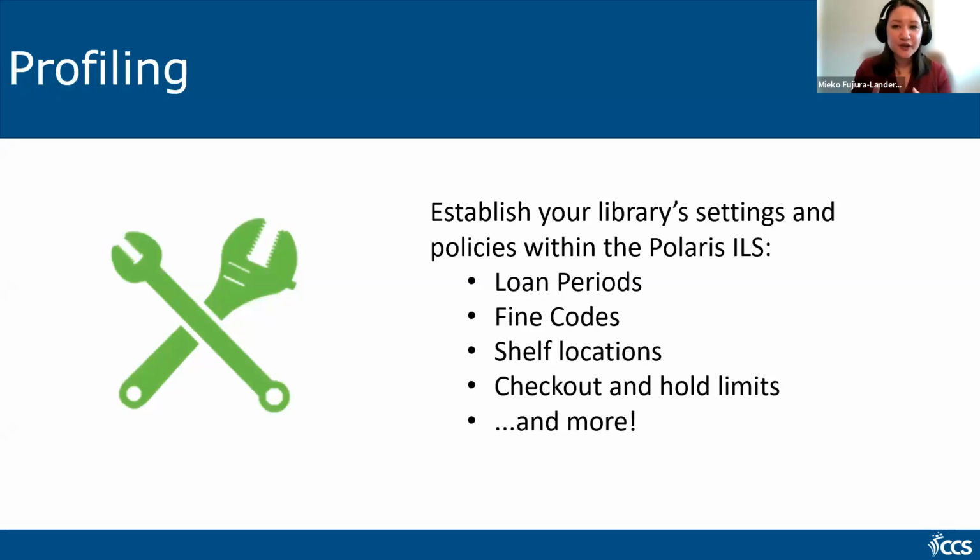So profiling is really figuring out how to build your library into Polaris. So setting policies like checkout limits and loan periods. So at this time, CCS built your library and input all the values and all the settings into the Polaris database. So this is where we're getting the library's architecture in place.